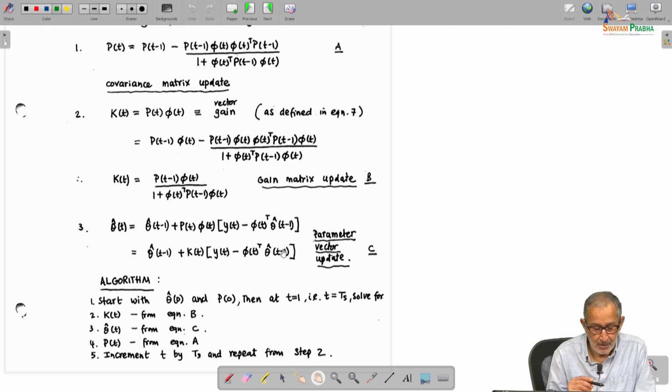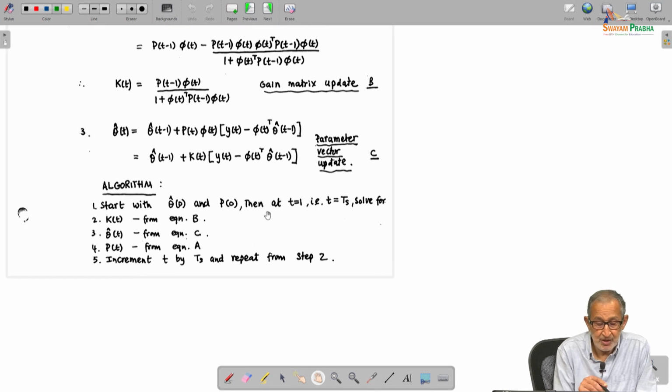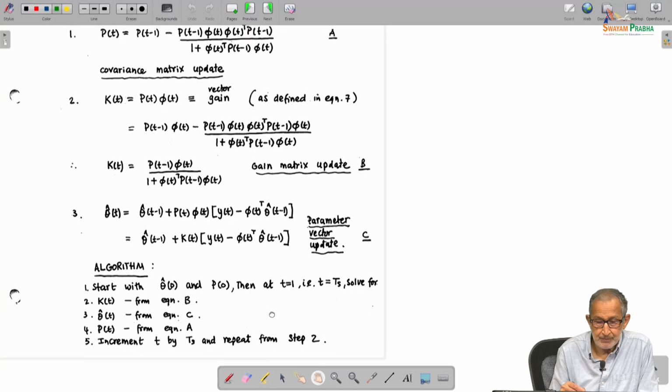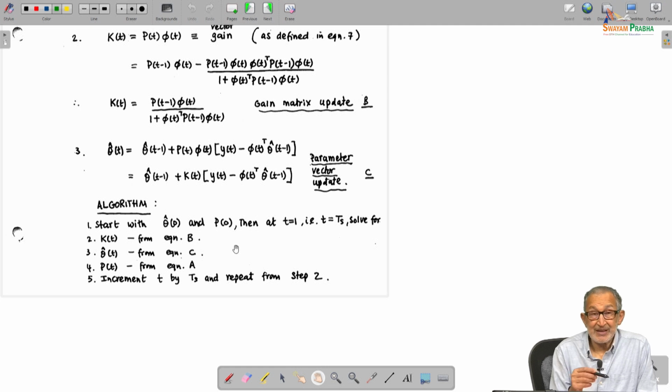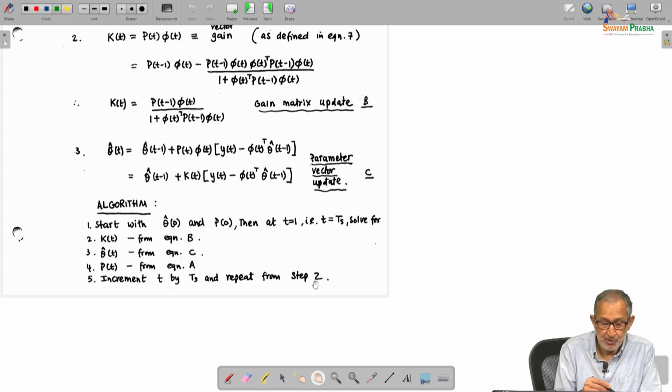So the algorithm is as follows. Start with an initial value and an initial value of the covariance matrix, and then at time t plus 1, that is at the first sample interval, solve for K from equation B, solve for theta hat from equation C, and then compute P(t) for the next time from equation A. Here, equation A, and at the next sample interval, increase t by Ts and repeat from step 2 onwards.